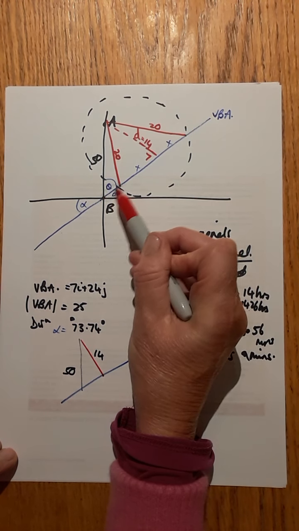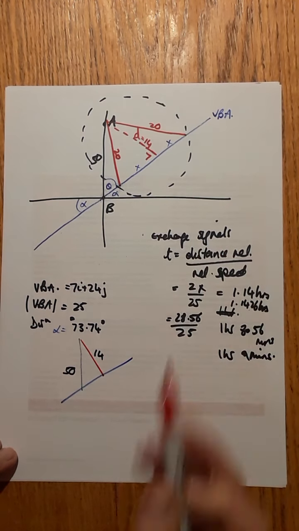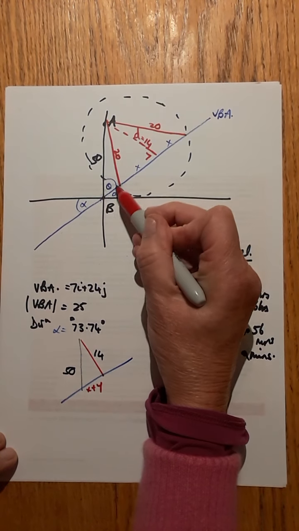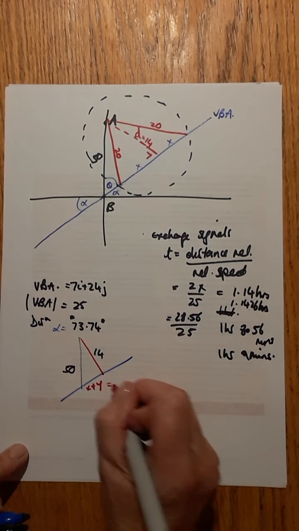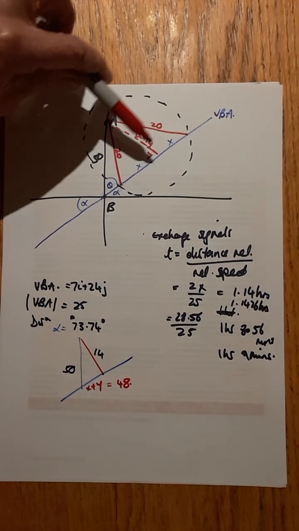If I call that little bit there y, then from there to there is x plus y, where y is this little starter bit at the beginning. What do you get for x plus y? You get 50 squared minus 14 squared, and get the square root of your answer, and you end up with 48. So x plus y is equal to 48 by Pythagoras.